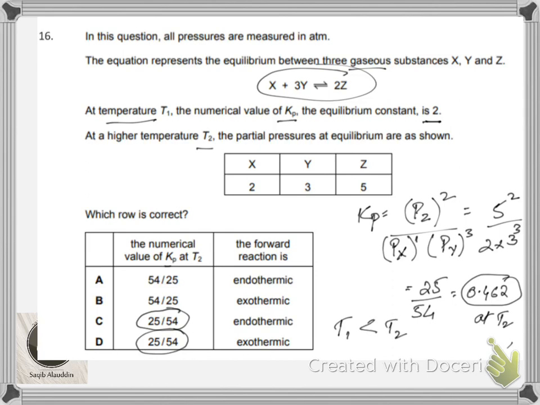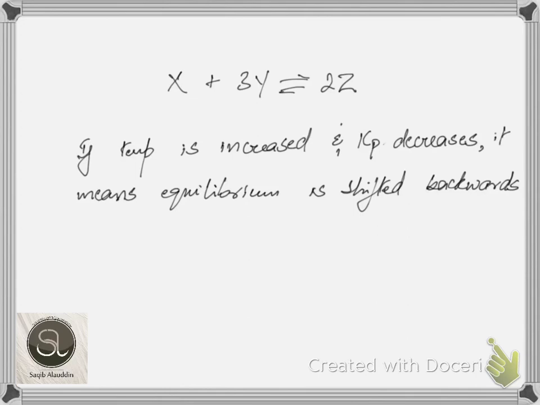So T2 is at a higher temperature, but the value of Kp at T1 is greater than the value of Kp at T2. So with this, we'll need to work out whether the forward reaction is exo or endo. Okay, now let's look at this.